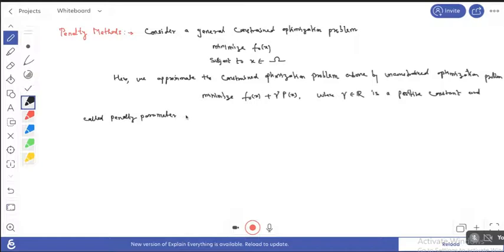And what is P? P is a function from R^n to R, a real valued function.